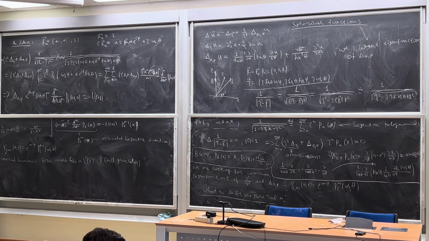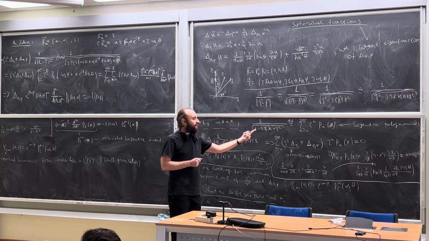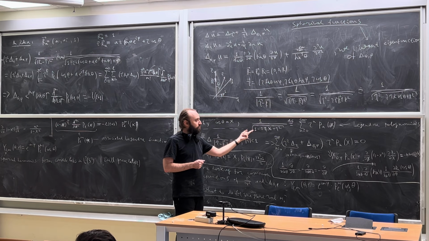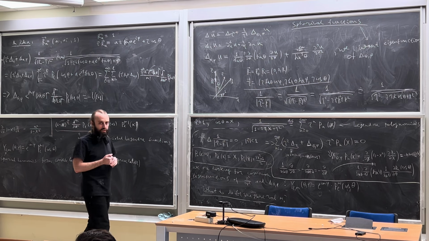And now, if there are no questions about this, I would like to tell how to get some constructive formulas for Legendre polynomials. This formula is constructive enough because you can compute the Taylor series, but you can make it even more explicit and useful.